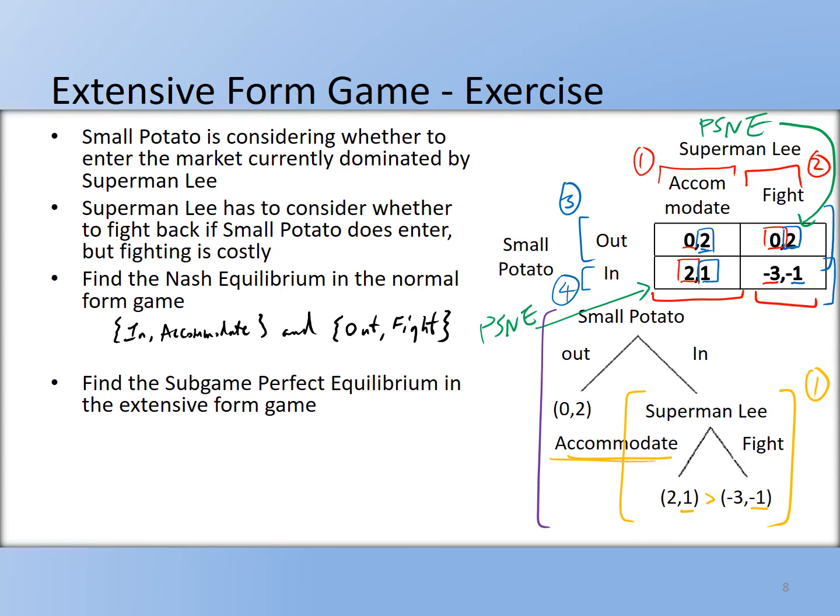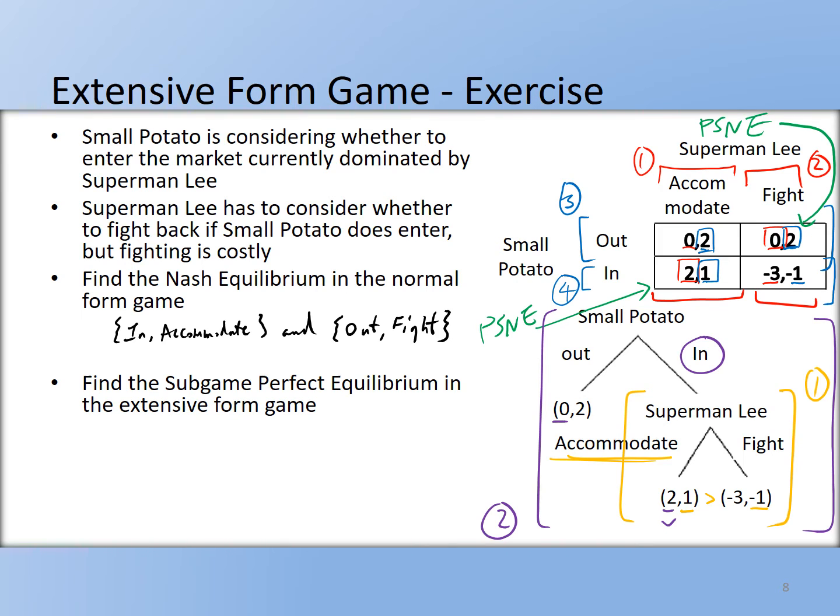So he's going to choose accommodating because 1 is better than -1, right? Now small potato faces a choice between staying out and getting 0, and coming in and getting 2.